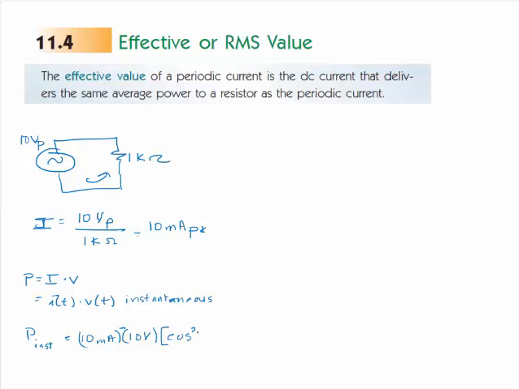Cosine squared omega t. So it's 10 milliamps cosine omega t times 10 volts cosine omega t. So that's cosine squared omega t.